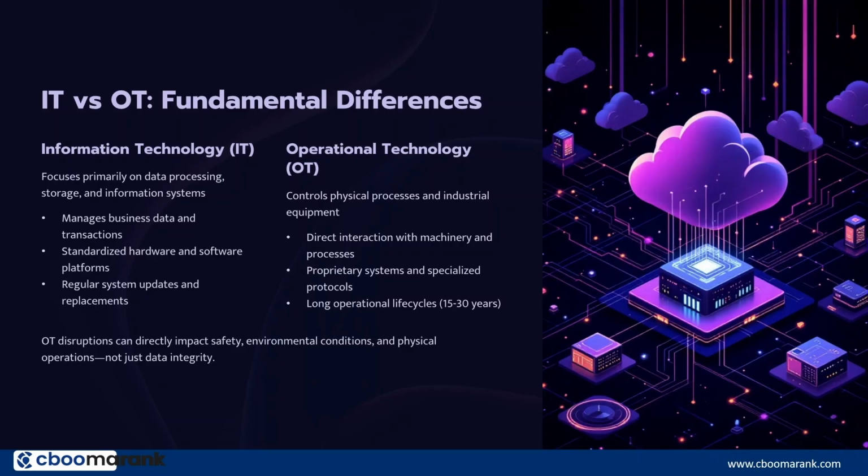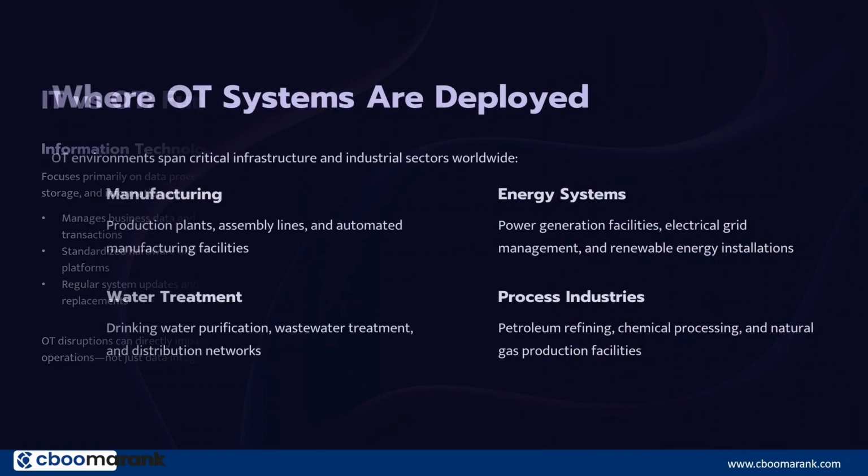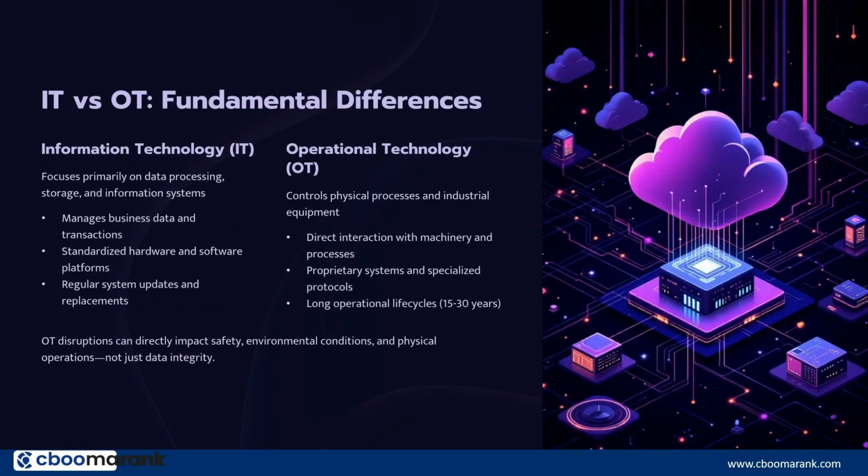For example, if a manufacturing line stops operating, production stops immediately. Because of this, industrial cybersecurity must balance security with operational continuity. So this is the major difference between IT and OT.